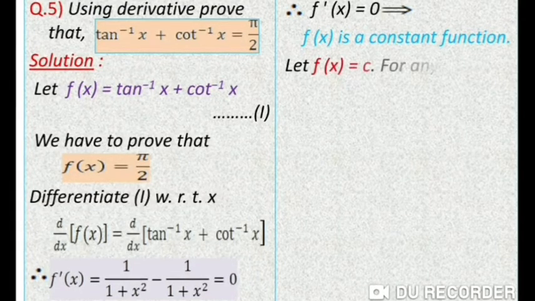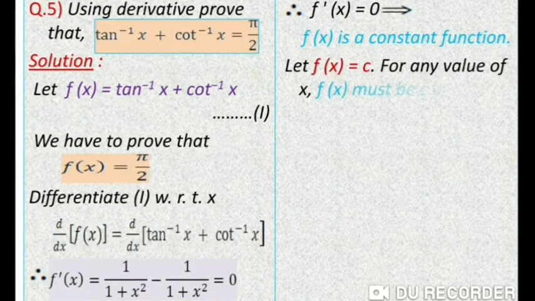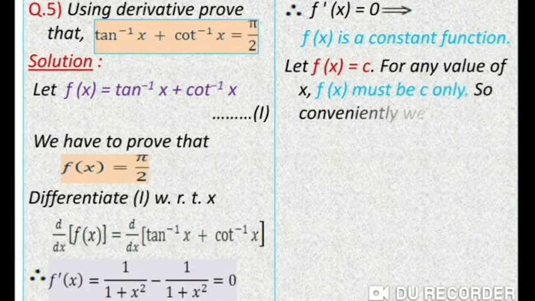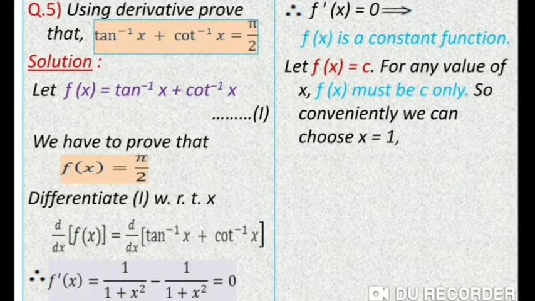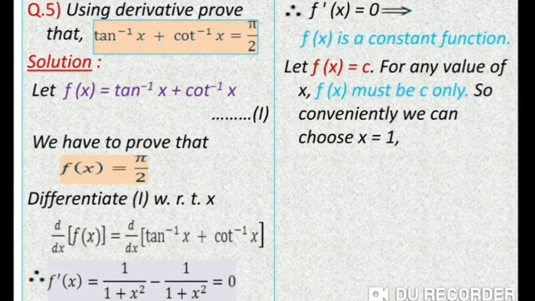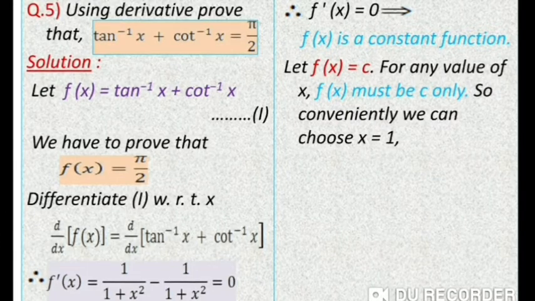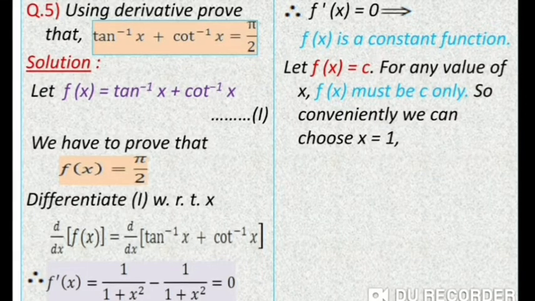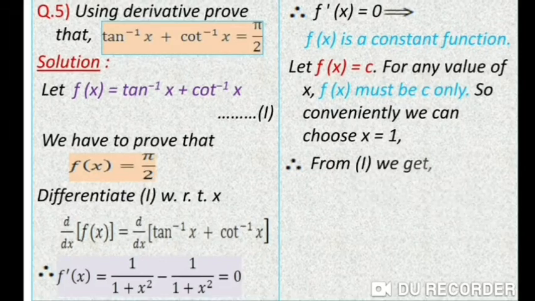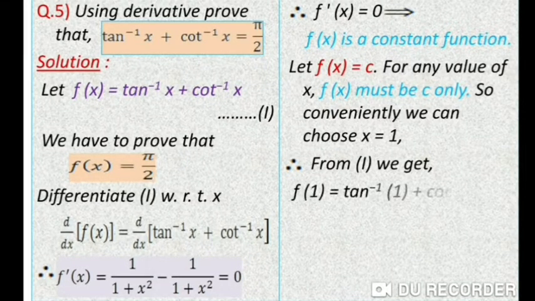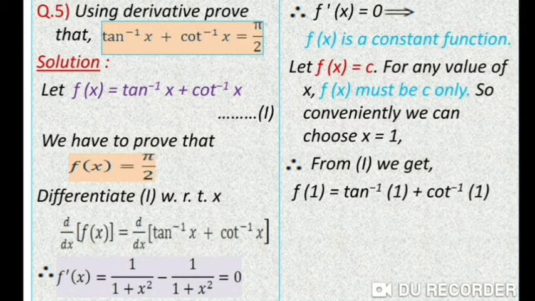Let that constant be c, and therefore for any value of x, f of x must be c only. So conveniently we can choose x equal to 1. Substituting x equal to 1, f of 1 equals tan inverse of 1 plus cot inverse of 1.